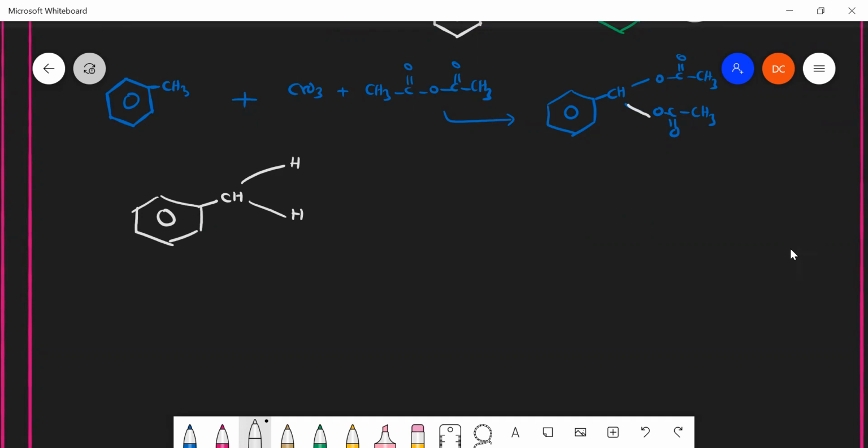Then we have to write CH3 C double bond O C double bond O CH3. Here also two moles of CH3 C double bond O C double bond O CH3. Okay. Then what will happen?